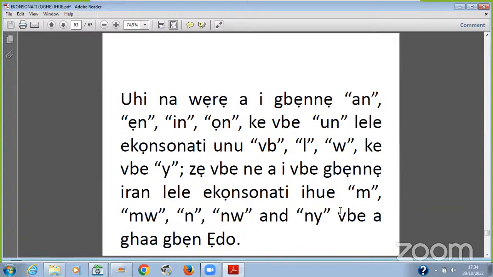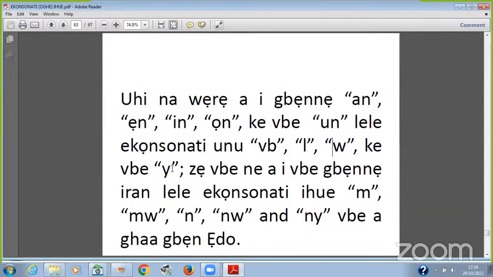So you don't write those 5 digraphs after 1, 2, 3, and 4, which are oral consonants. That's VB, L, W, and Y.